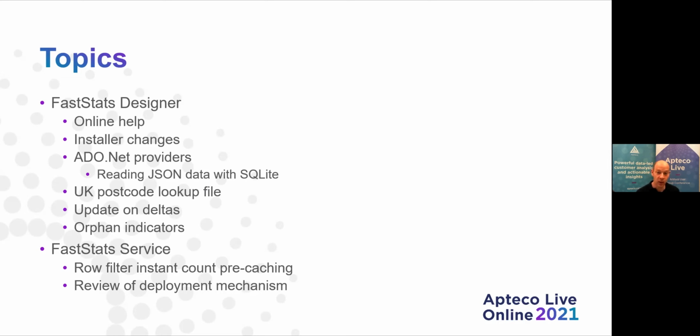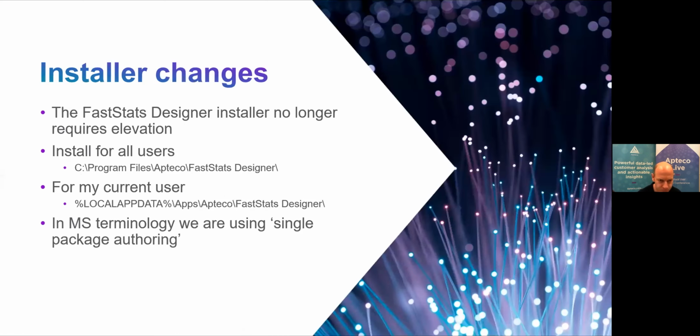And I'm going to talk about some new features with Designer, really around our orphan indicators, which is a new feature for Q4 2021. And then I'm also going to talk about some improvements to the FastStats service around incident counts, row filters, and deployment. So all kinds of technical topics all over the place. But hopefully I'll be able to give a good couple of demos which smoothly segue everything together.